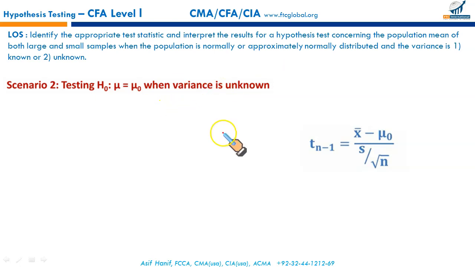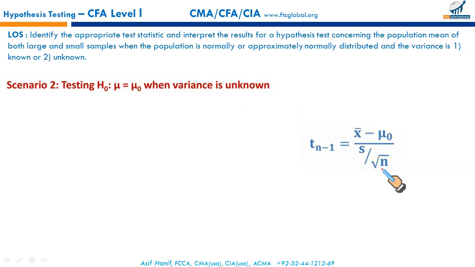We compute the t statistic with n minus 1 degrees of freedom, which was discussed in our previous reading. Here x bar is the sample mean, mu naught is the hypothesized mean of the population, s is the standard deviation of the sample, since we do not have the standard deviation of the population, and root n is the square root of the sample size.